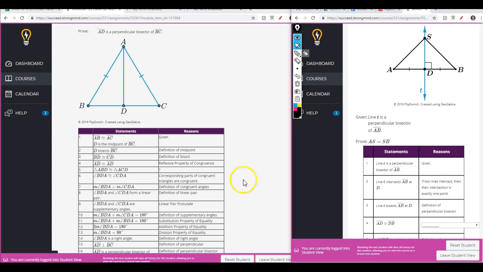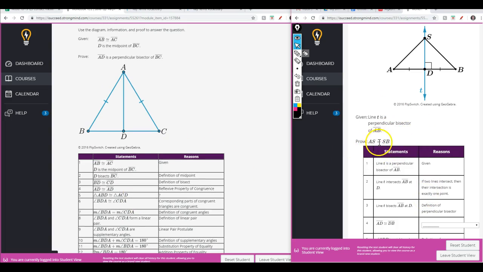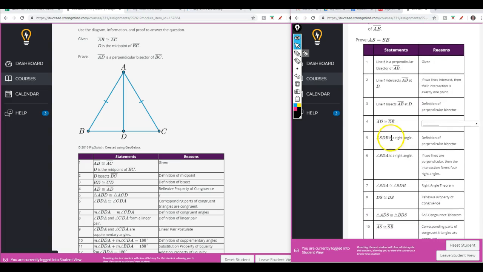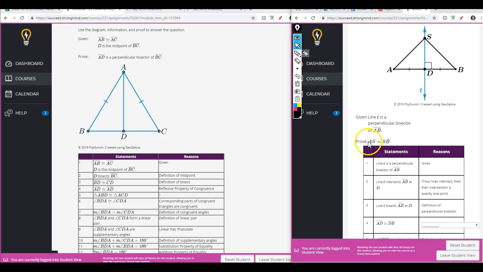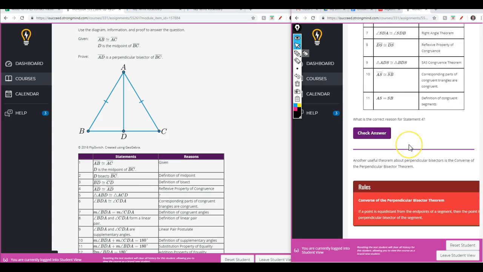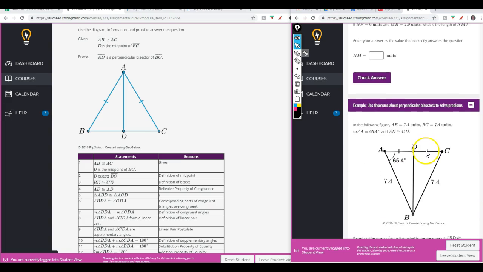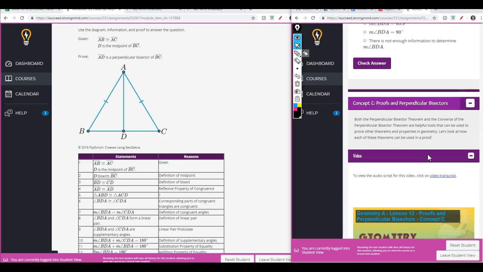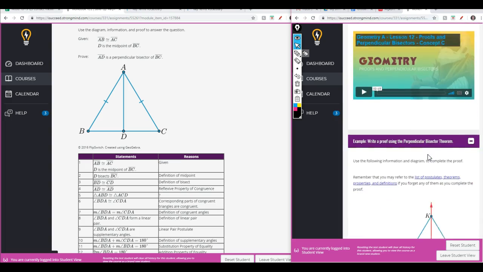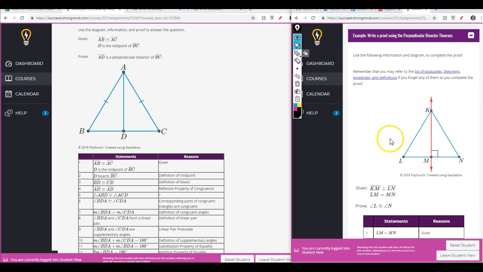This one looks similar. It's not set up quite the same. On the prove, it says prove that the distance of AS is equal to the distance of SB. So I'm going to keep scanning and see if we can have a proof. Okay, so it says the distance of LM is equal to the distance of MN.